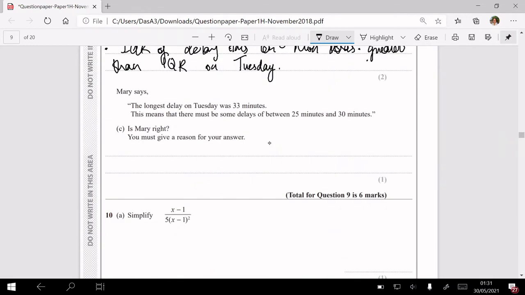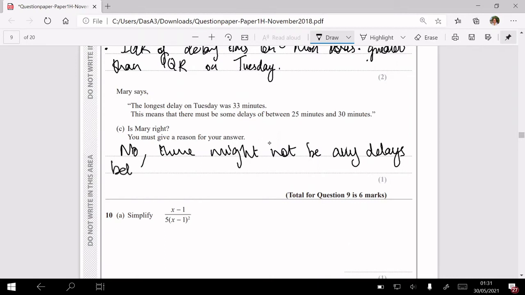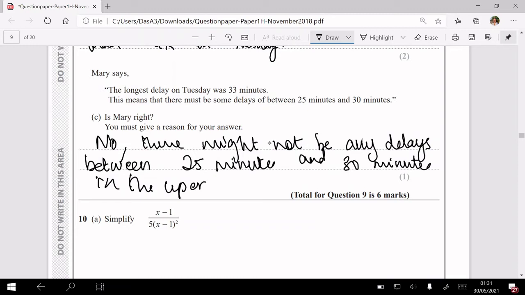So the answer is no, because there might not be any delays between 25 minutes and 30 minutes in the upper 25%. So the upper 25%.